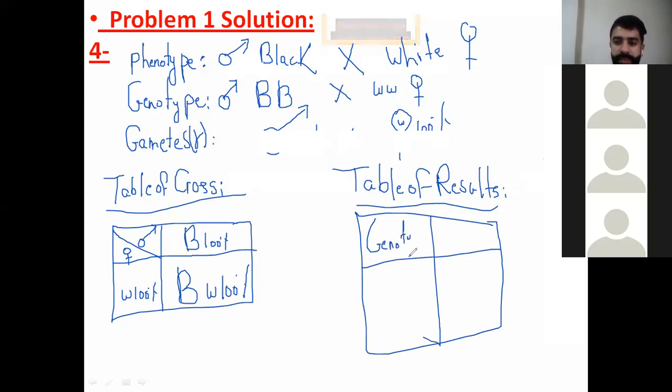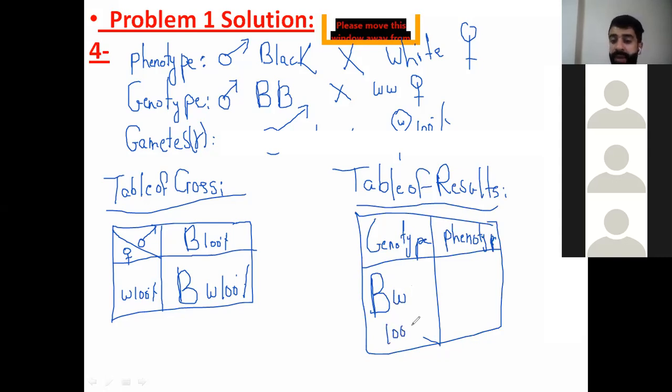In the genotype, what do we have? We have BW, B capital, W small, and they are 100%. The black is dominant over the white, which is recessive, so the black is going to dominate over the white. So 100% of them will be black.